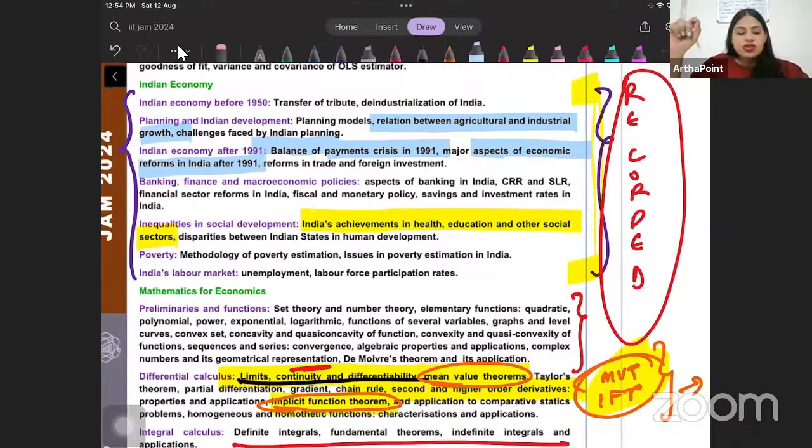So I try to make sure that whether that relationship is what India did in 1950s, or whether it is talking about the relationship of any developing country between agriculture and industry, we should include that. So here I will again say that this is very vast. Focusing only on one book is not enough. So I am trying to give you as much as possible from different books.